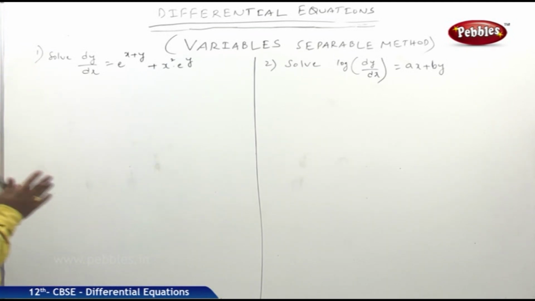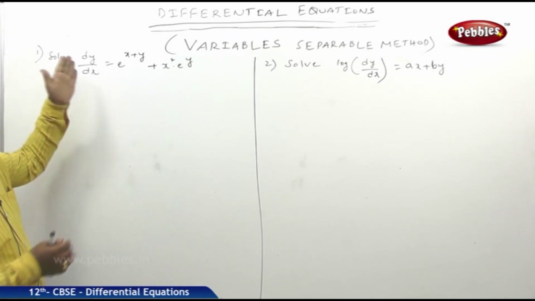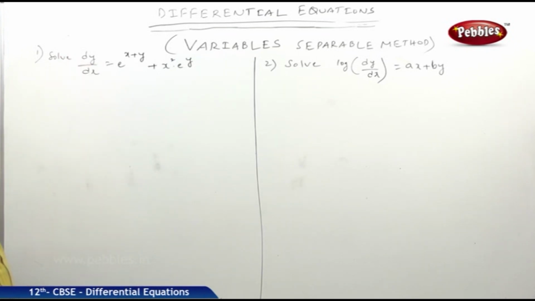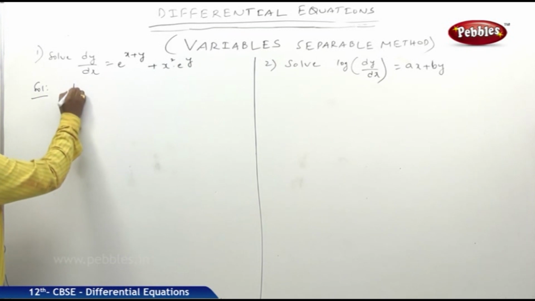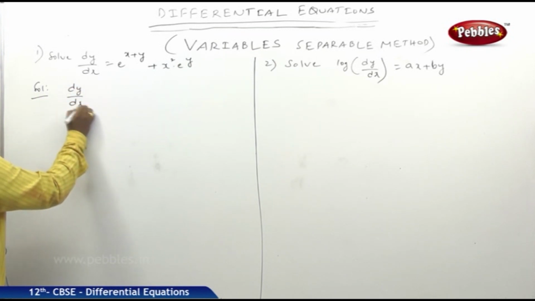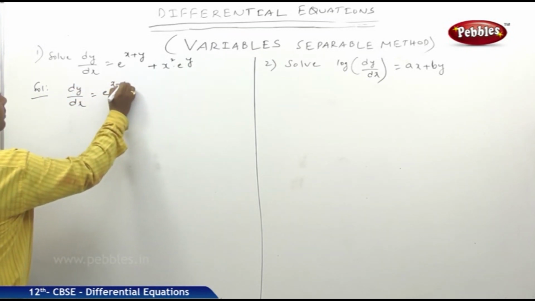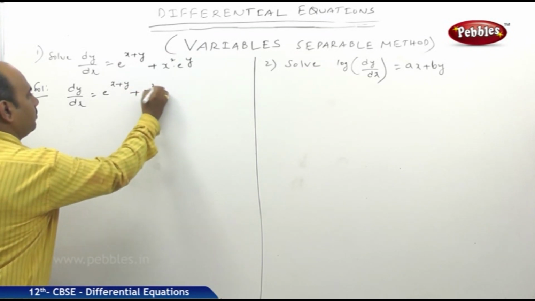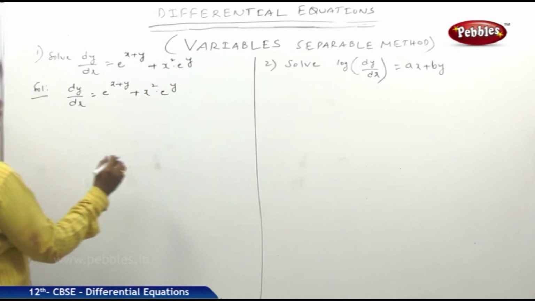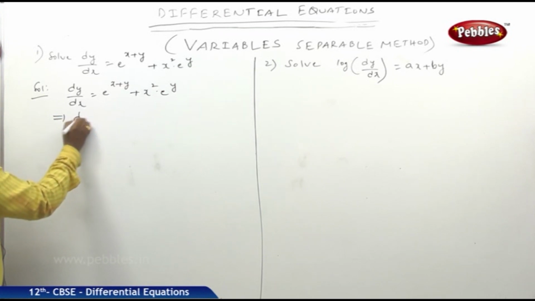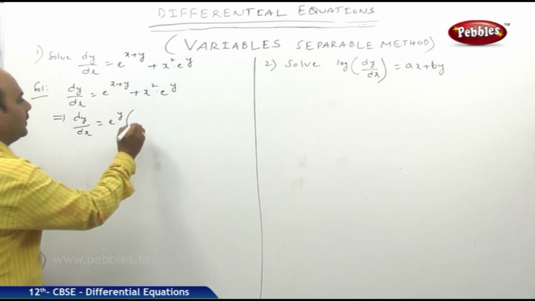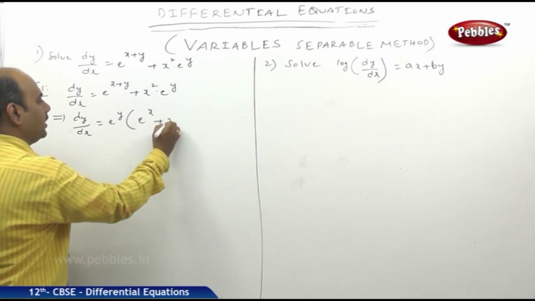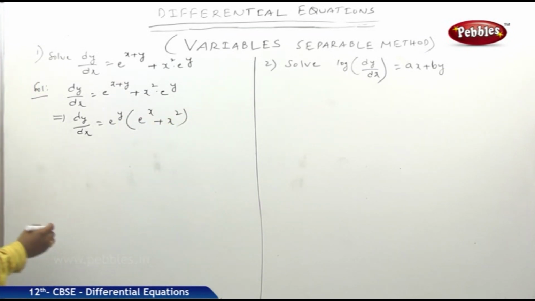Now the question is given to you like that: solve dy by dx is equal to e power x plus y plus x square into e power y. So this is our given differential equation. This becomes dy by dx is equal to e power y into e power x plus x square.